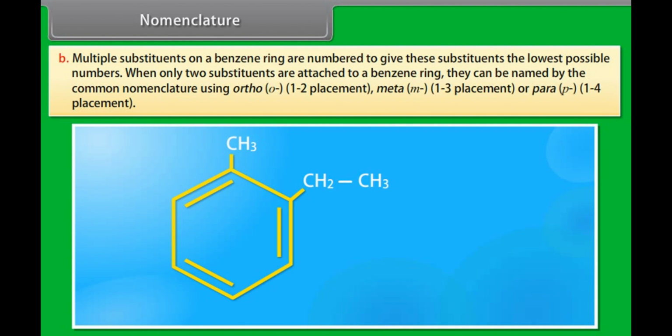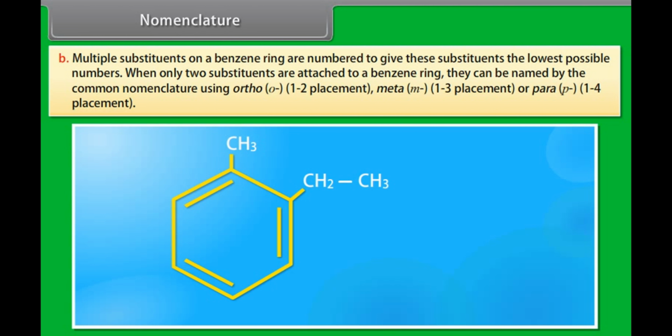When only 2 substituents are attached to a benzene ring, they can be named by the common nomenclature using ortho, o-, 1,2 placement; meta, m-, 1,3 placement; or para, p-, 1,4 placement.